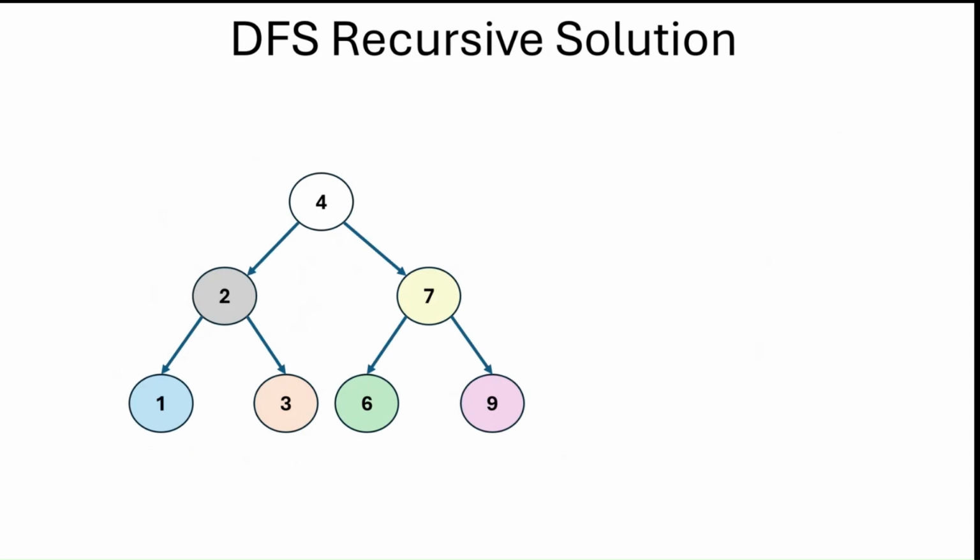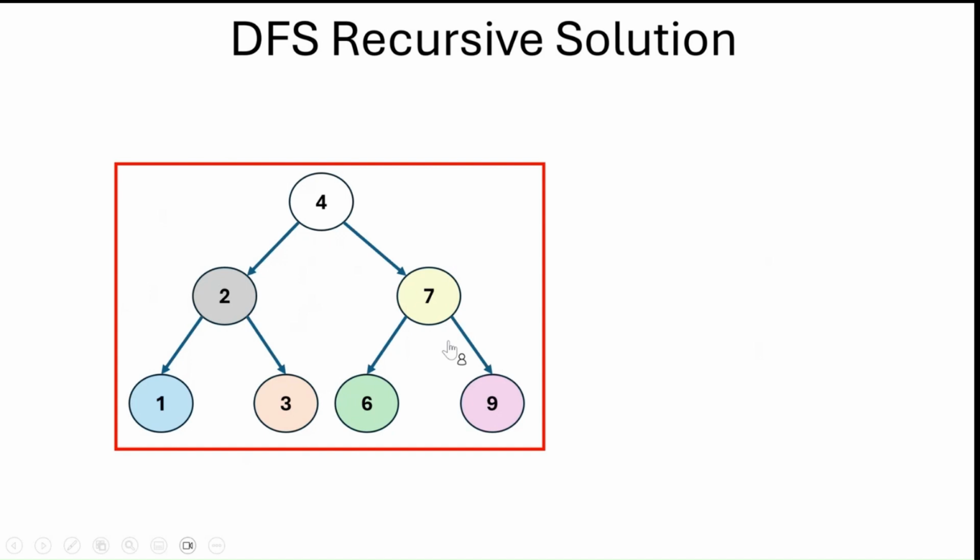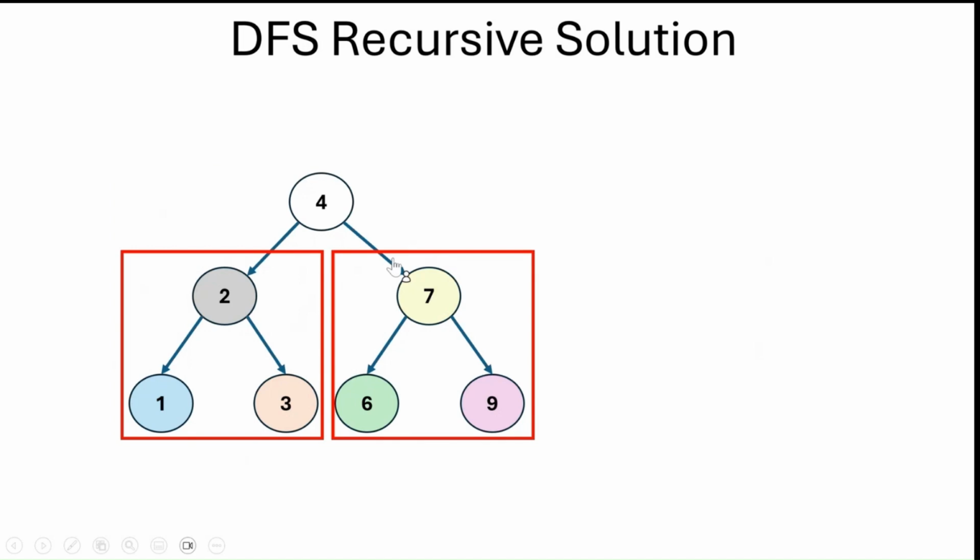Now let's understand the DFS recursive solution. If we want to break down this problem, why are we using recursion? If we start with the big problem, which is inverting this binary tree, it can be divided into smaller problems with recursive calls. For example, to get the inverted tree for this big tree, we can first get the inverted tree for its subtrees.